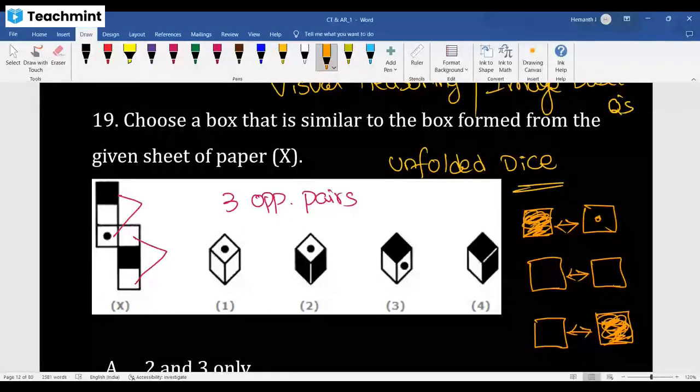After finding the three opposite pairs, your next job: the three visible things should be any combination from the columns, two from one column and one from another. Don't take row combinations. Any column combination is okay. Now, first one: dot and two empty is possible. So the first one is correct, it can be formed.